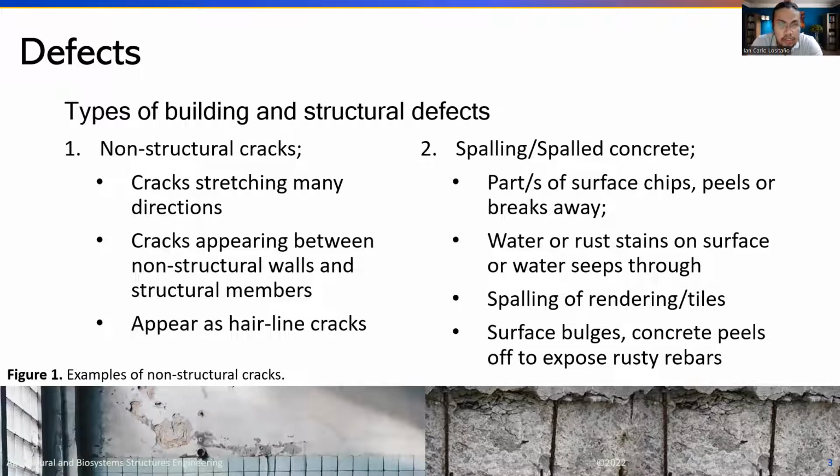And in that case, without warning, the structure may fall apart. All right. There are other cases, but it is important to know of the defects, and let us go through them one by one.